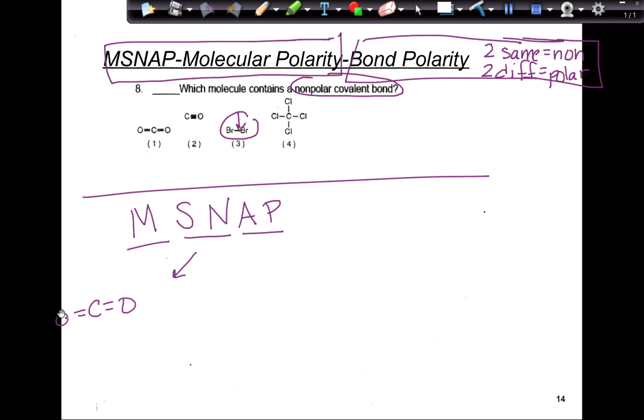My symmetrical nonpolar molecules of the bunch would be 3 of the choices that are there are all our symmetrical nonpolar molecules.